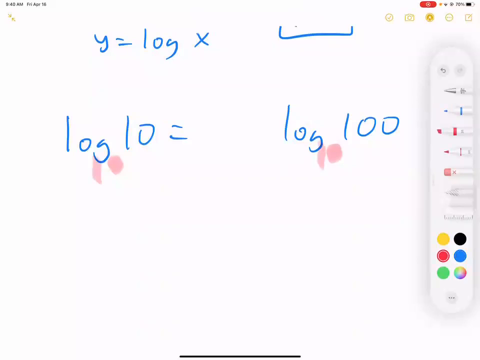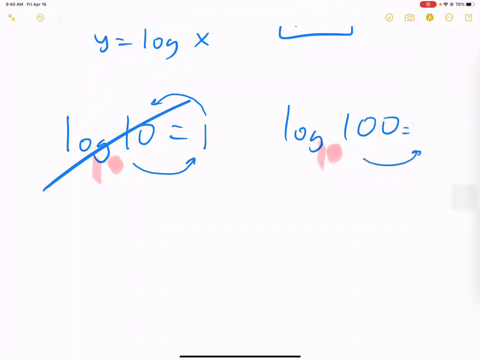See, it's an invisible 10. So 10 to what power is 10? 10 to the 1 power. And remember, we said they just cancel out because they both have the same base and answer. But 10 to what power is 100? That's 2. And if you want to double check this, please check this in your calculator. If I write log of 10, you better get 1. You write log of 100, you better get 2 on your calculator.